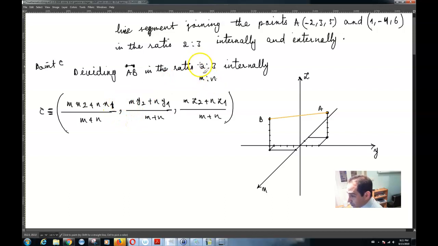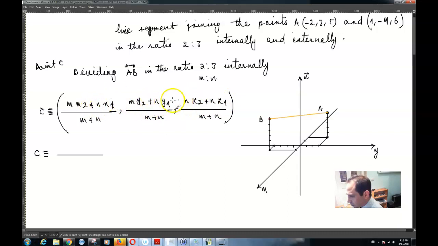So now you know what your M is, you know what your N is, and you know what your points are. Since I'm talking about the line segment AB and not BA, I take this point as point 1 and this as point 2. Okay? So then the coordinates of the point C would be, you can write it this way: you see over here you have M times X2, N times X1, M times Y2, N times Y1, M times Z2, N times Z1.